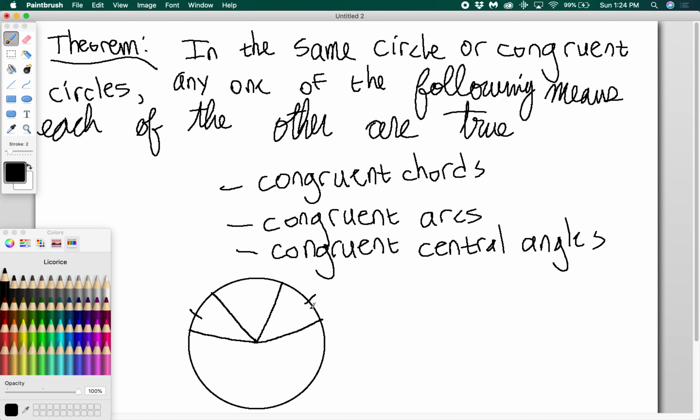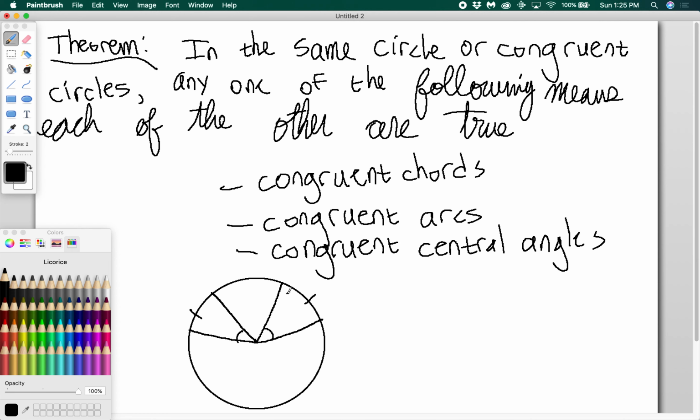If I say that these two things are the same, then we automatically know this has congruent arcs. This also necessitates that it must have the same central angle and it must have congruent chords. Oh, I'm sorry, I'm drawing the wrong thing for congruent chords because these aren't chords.